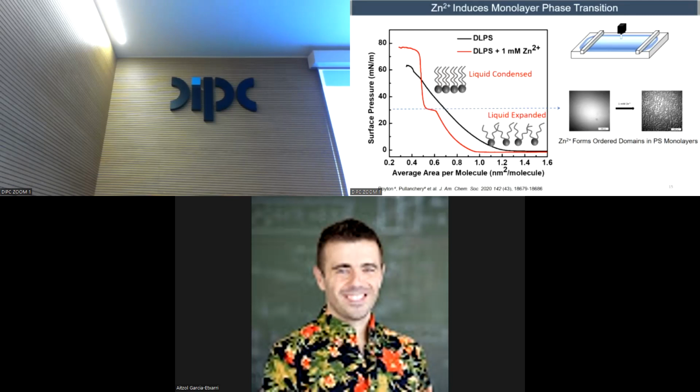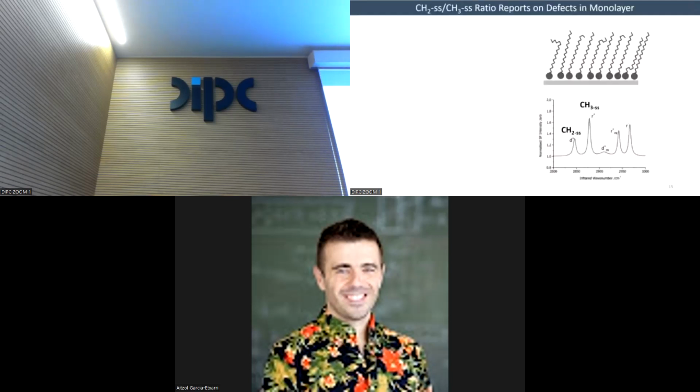So at this point, we can also try to characterize what's going on in the monolayer phase behavior using spectroscopy, because the selection rule of sum frequency generation that I described to you earlier really makes it a good technique to detect this kind of order-disorder change of the monolayers. Imagine you have a monolayer with a lot of gauche defects, and these CH2 groups in the middle will be in a medium with broken inversion symmetry.